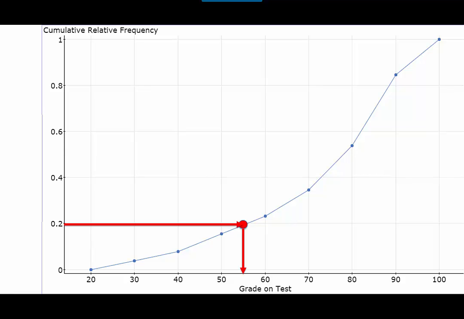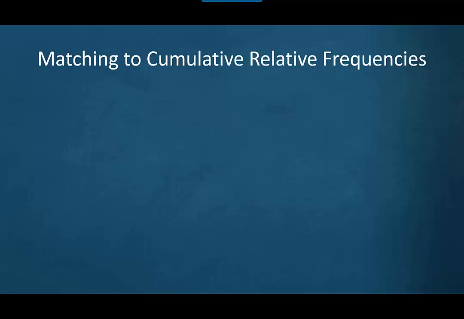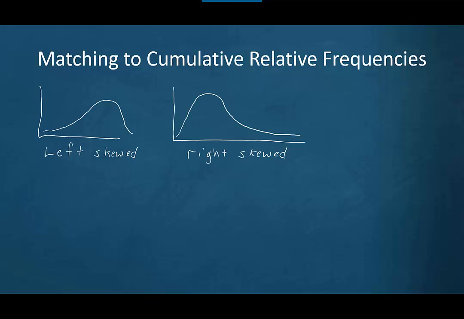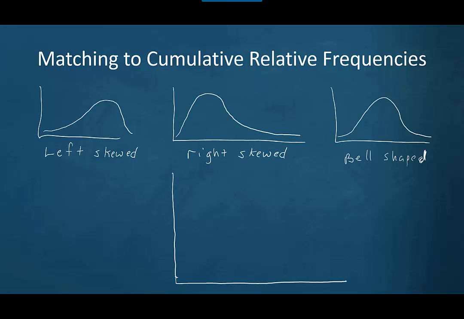One last thing. Let's notice how the original distributions are related to the cumulative relative frequency plots. Let's compare three different types of distributions that we've seen so far: left skewed, right skewed, and bell-shaped. Notice that with the left skewed distribution, most of the data comes at the far right.